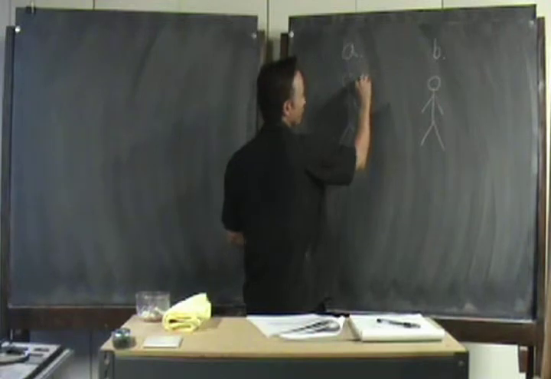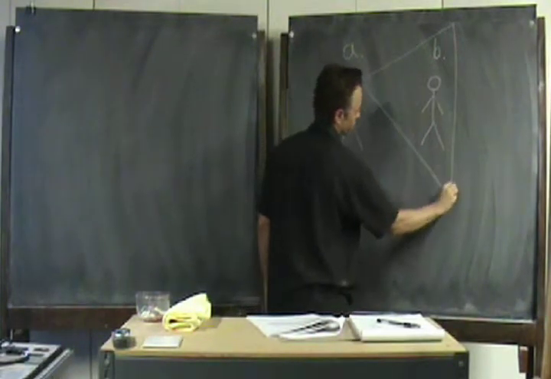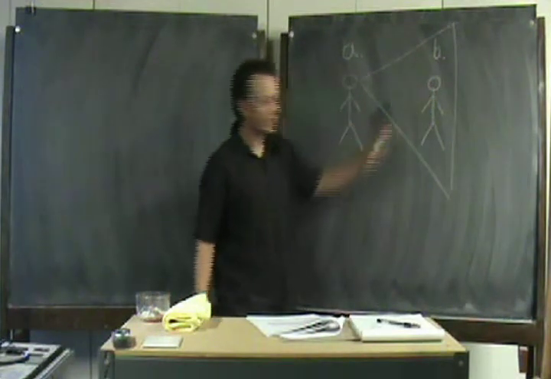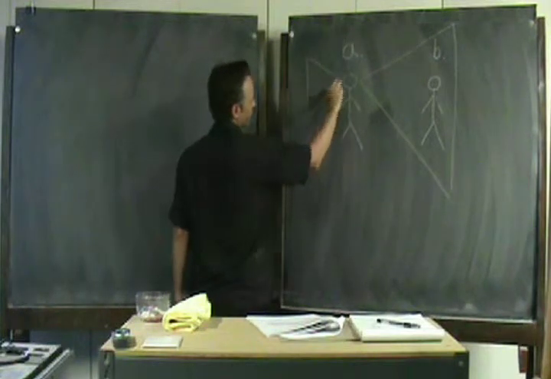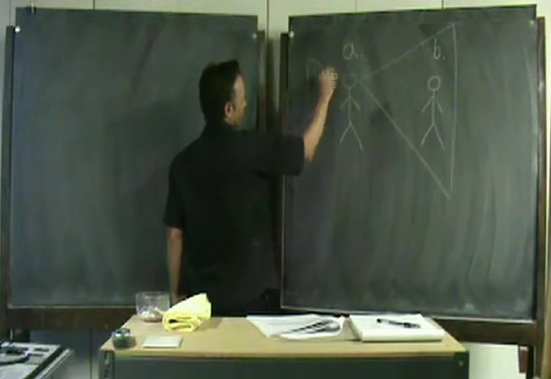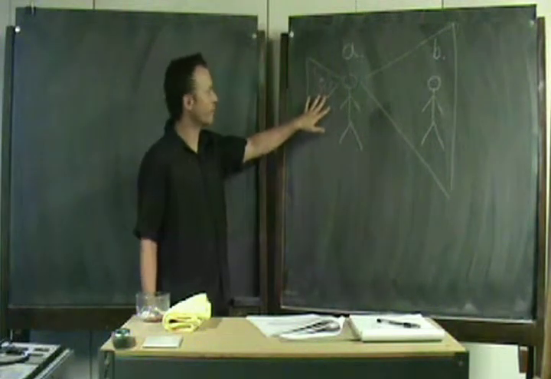A has an objective reference of B. So this will be A's objective reference of B, and then here's some thought, if you will. And this is A's subjective frame of reference.